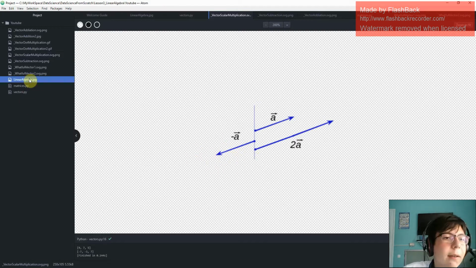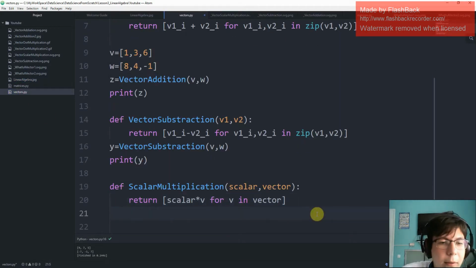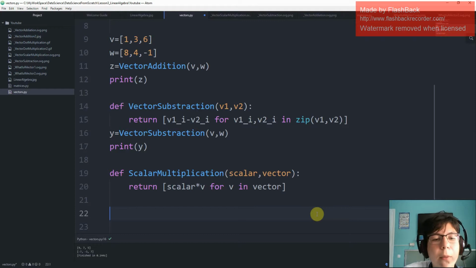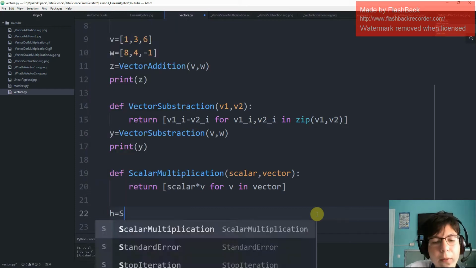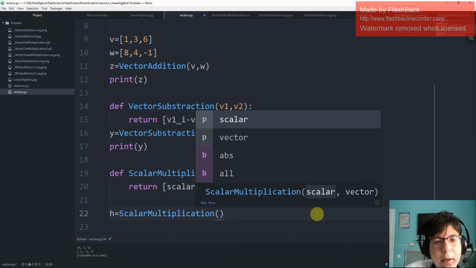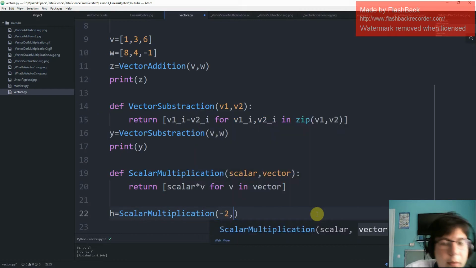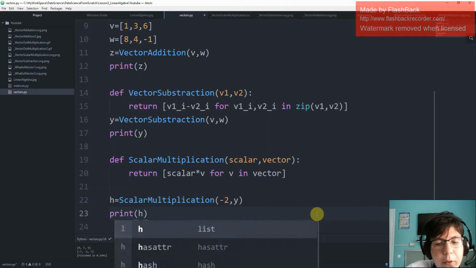Now let's test our previously defined function. So let's take vector y and let's multiply it with minus 2. Let's call our new vector h, and our new vector will be equal with the scalar multiplication of y with minus 2, and let's print our new vector h.